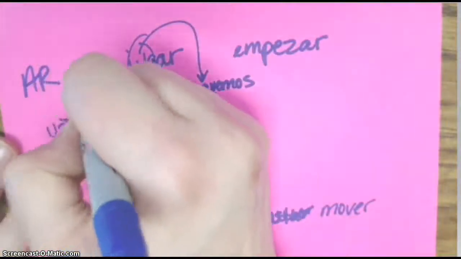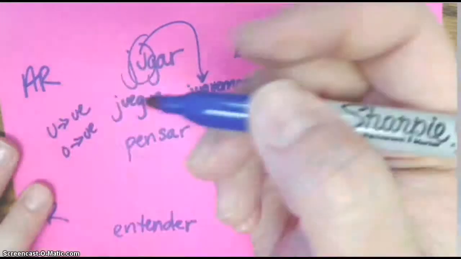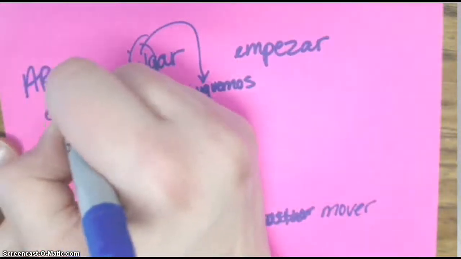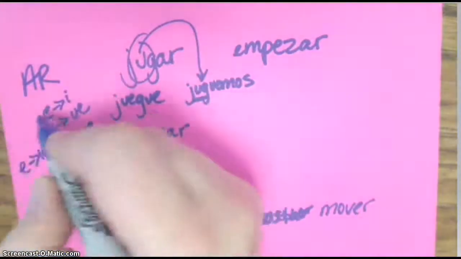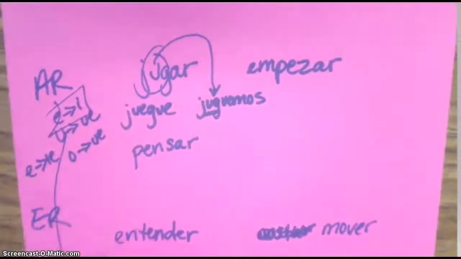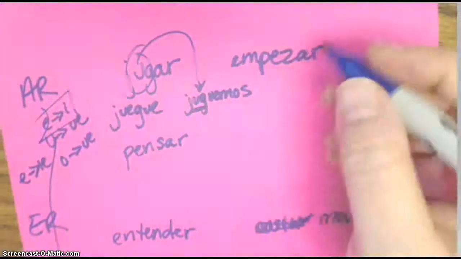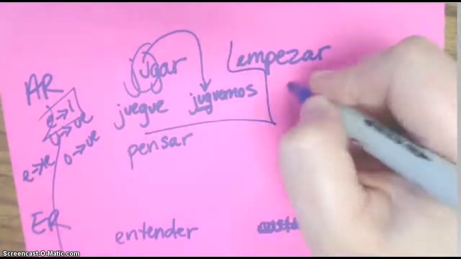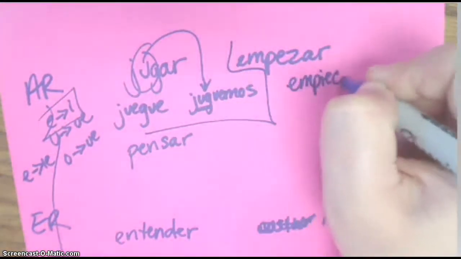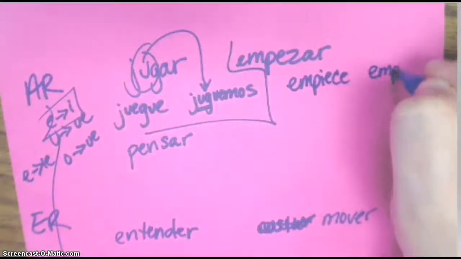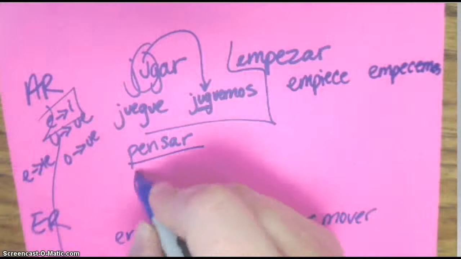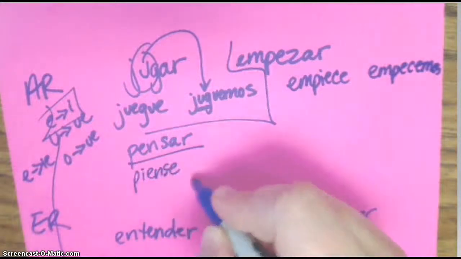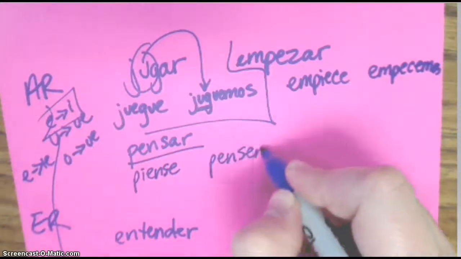And these are your different types. I've got U to UE, O to UE, which is basically the same thing. I've got E to I and E to IE. There are no E to I's up here, by the way. They're only down here. So, empezar is going to be empiece, and then empecemos. And then pensar is going to be piense, and then pensemos.